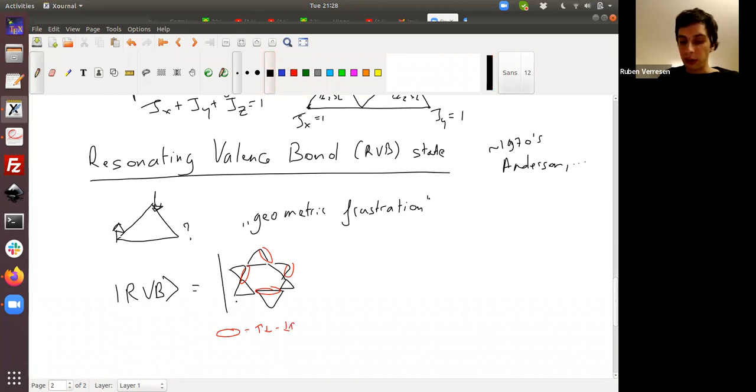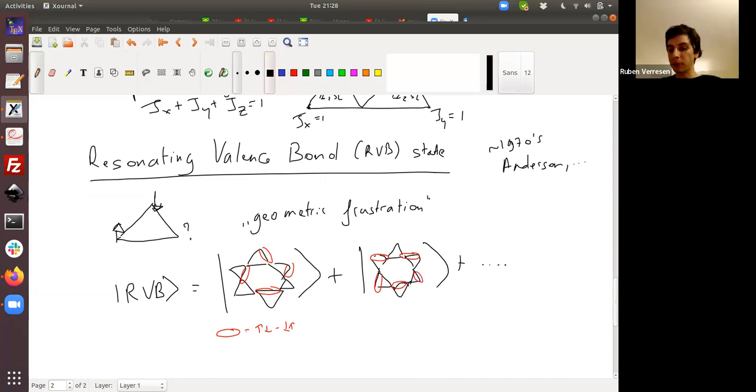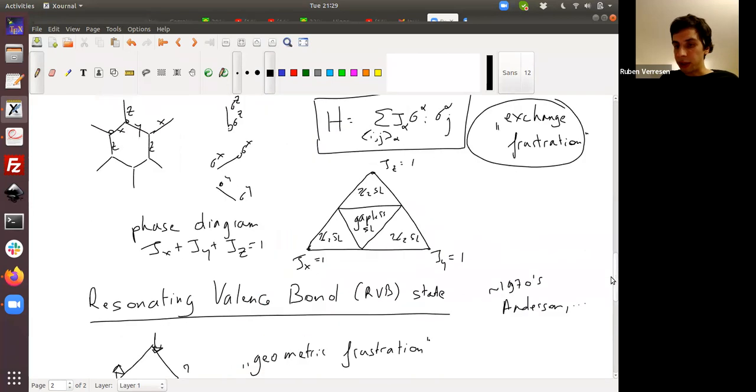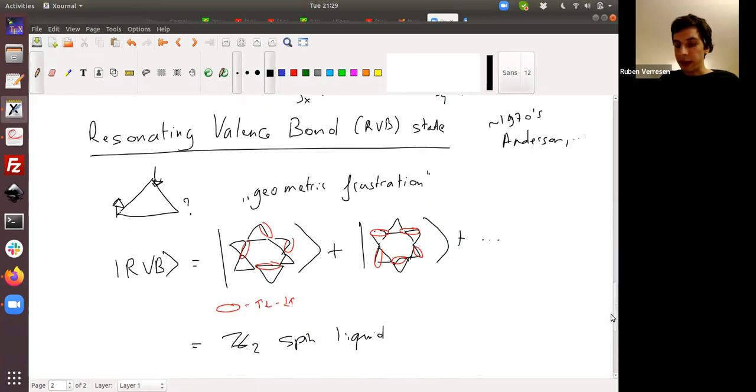Moreover, if the fluctuations are strong enough, they won't just crystallize in any particular singlet covering, but they'll fluctuate around different types of coverings, etc. It turns out this quantum superposition of all possible singlet coverings actually again forms toric code topological order, or Z2 spin liquid. So it's the same physics that appeared here in the Kitaev model, but a very different way of getting there.